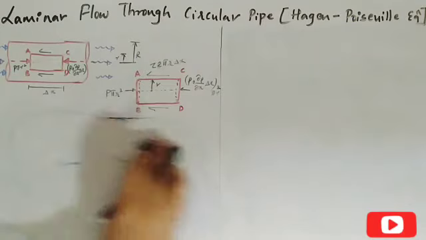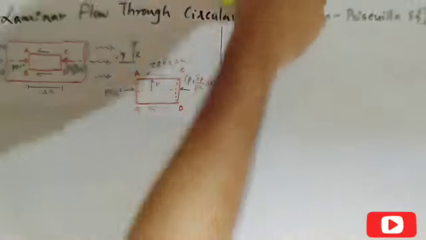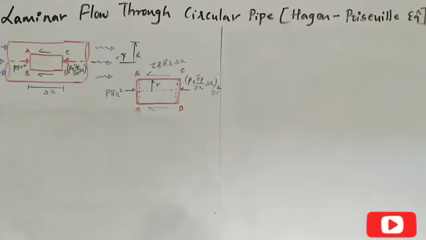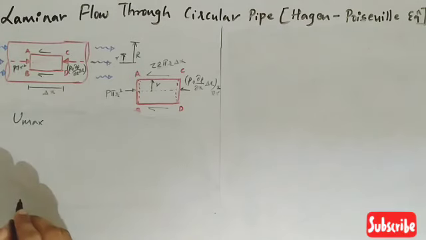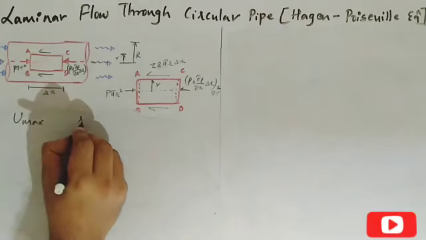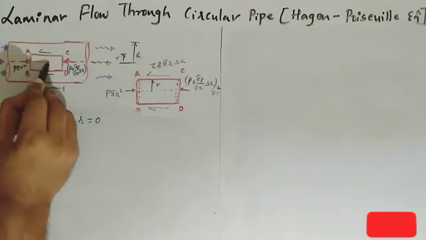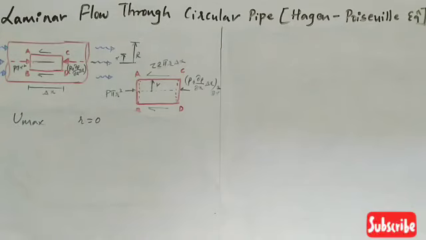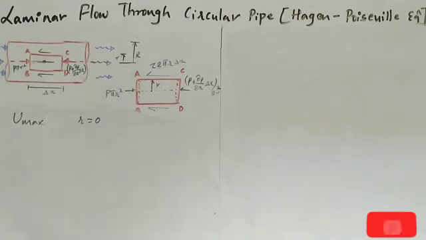Now the maximum velocity is obtained at the center of the pipe, as drawn in the figure. The maximum velocity, u max, is obtained when small r is 0, meaning it lies on the center line.